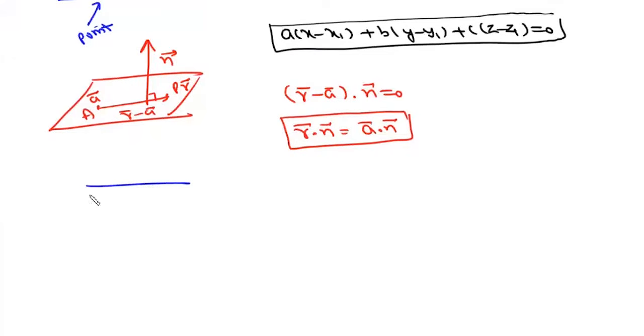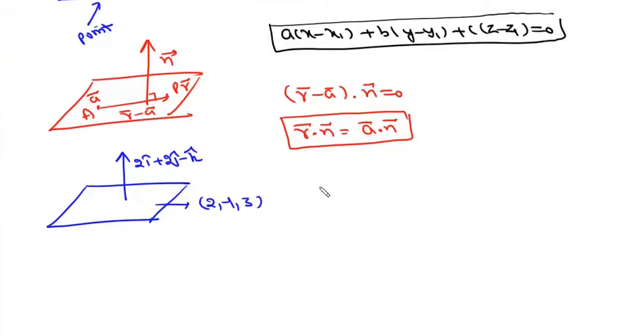Now say for example, we need to find equation of plane which passes through the point 2, minus 1 and 3, and whose normal is in the direction of vector 2i plus 2j minus k. Now in this case we have a point, and this point is 2, minus 1, 3, and we have direction ratios which are 2, 2 and minus 1.